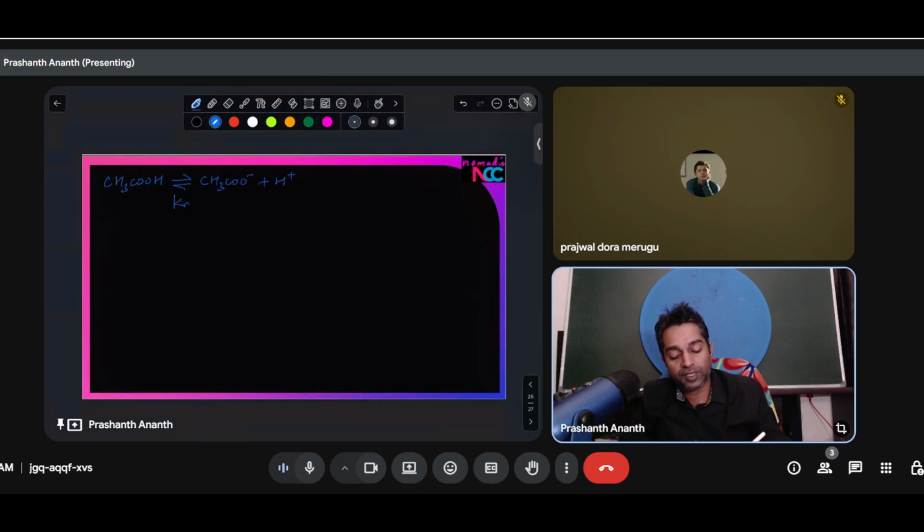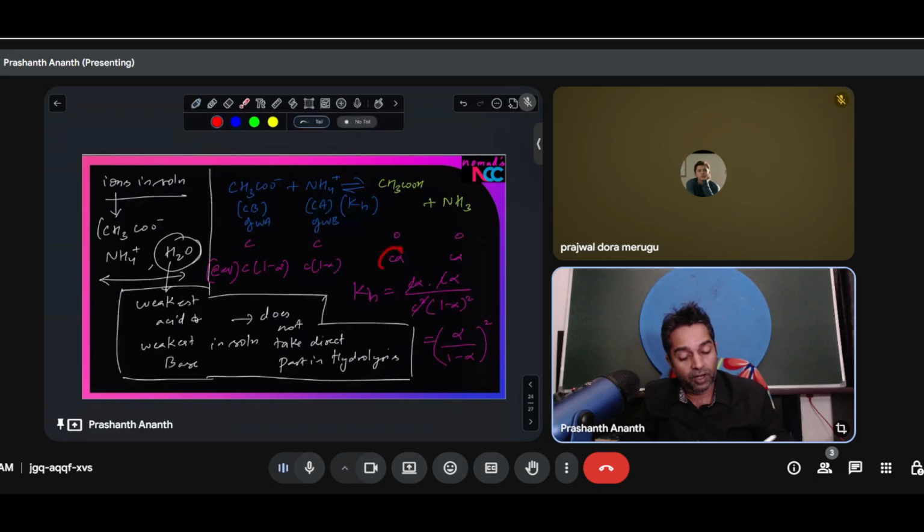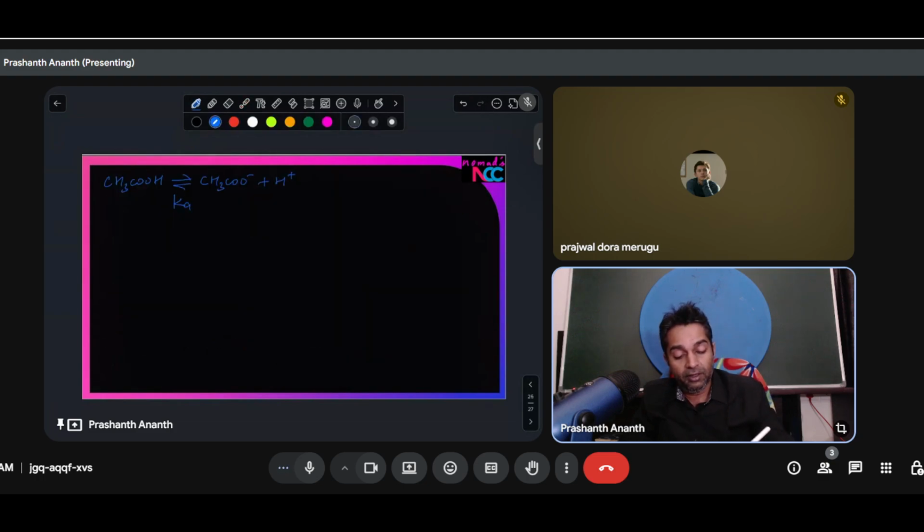This equilibrium constant is supposed to be Ka. CH3COOH concentration here is going to be C alpha, whereas CH3COO minus is C into 1 minus alpha. So substituting them over here, this is going to be C alpha, this is going to be C into 1 minus alpha. We don't know H plus over here, but we know this expression for K. K is H plus into C into 1 minus alpha, products, divided by reactants, C alpha.